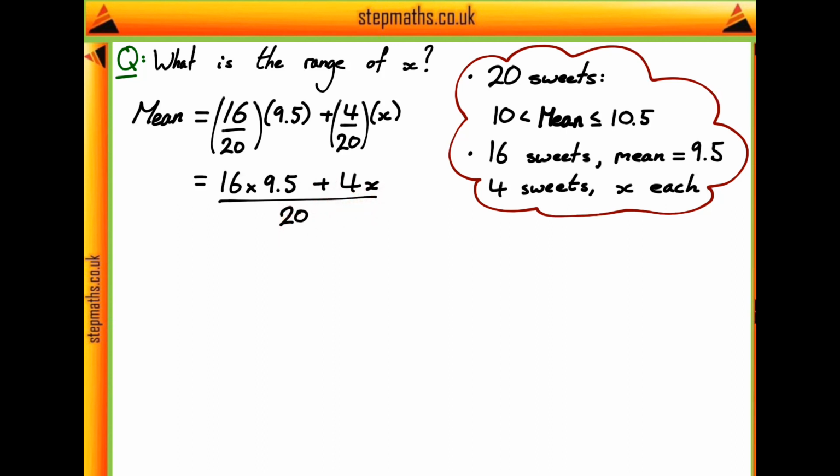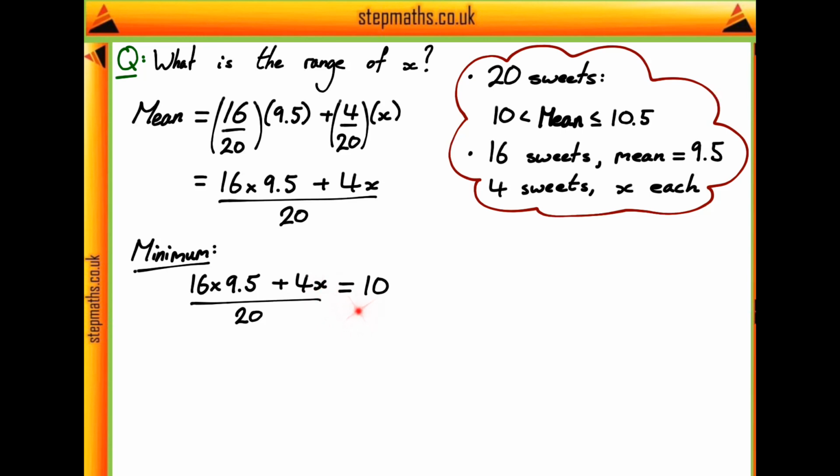So why is this value of the mean actually going to be useful? Well, we could use it to help find our minimum and maximum values of x. So for our minimum value of x, then the mass has to be just large enough to bring our mass up to more than 10. So in this case, what we could do is set our mean to be 10 and calculate the value of x for this to be true.